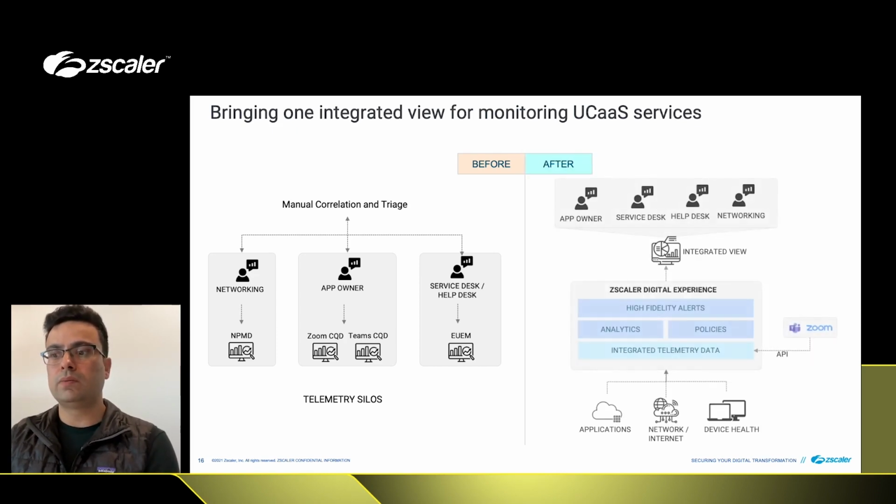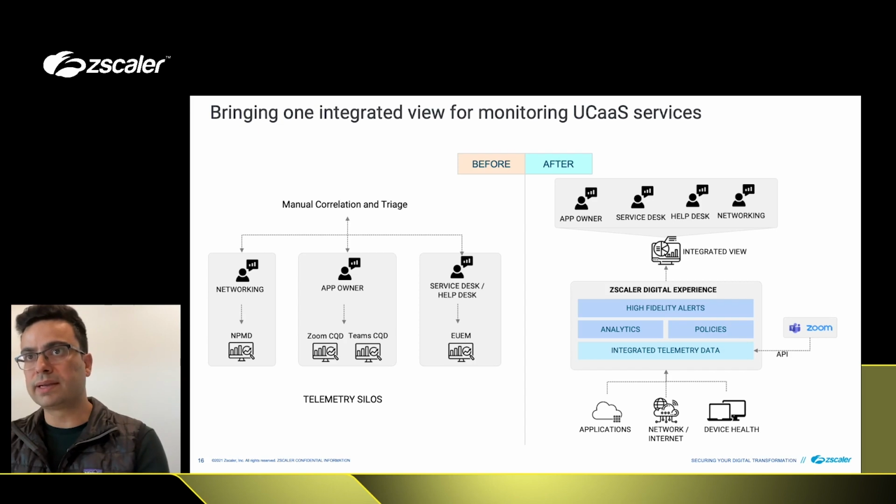What we are doing now with our recent enhancements is bringing the application-level telemetry by integrating with the APIs from Microsoft and Zoom, and getting the call quality dashboard that provides meeting-level context in the same view where we are capturing user context, application context, and device context.